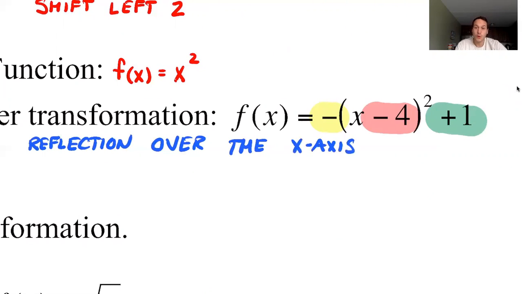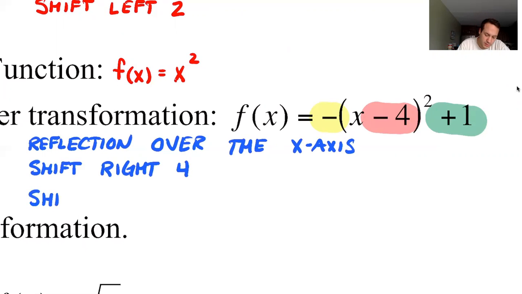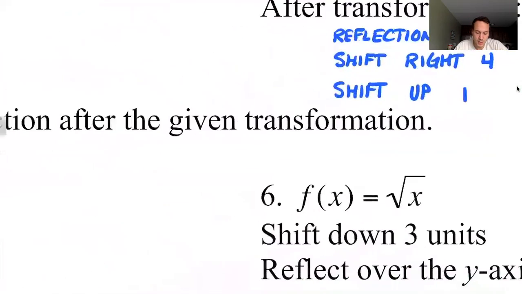That minus 4 means it's the opposite direction, left and right. So this is going to be a shift of right 4. And that plus 1 means it's going to go in the same direction. That one's going to be a shift of up 1, okay?